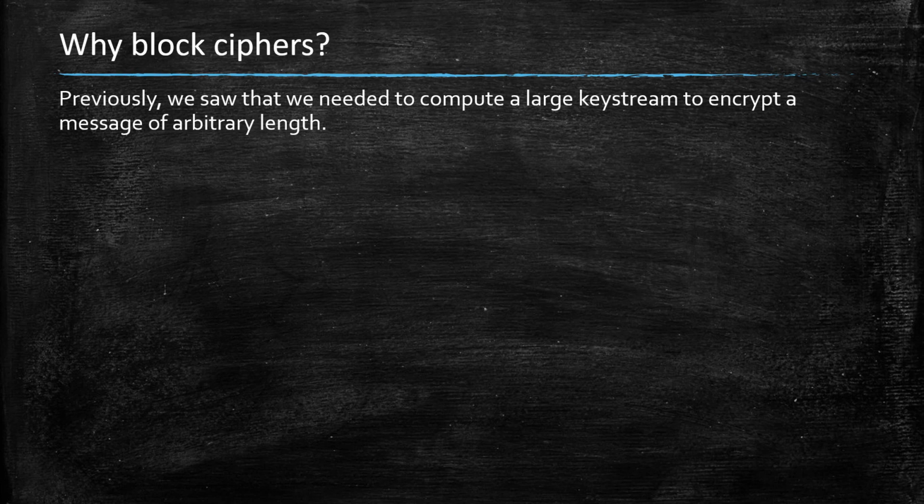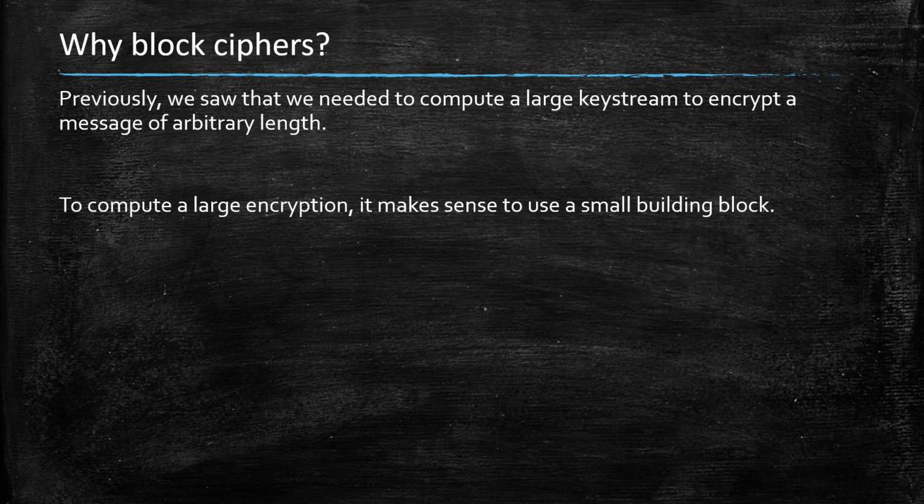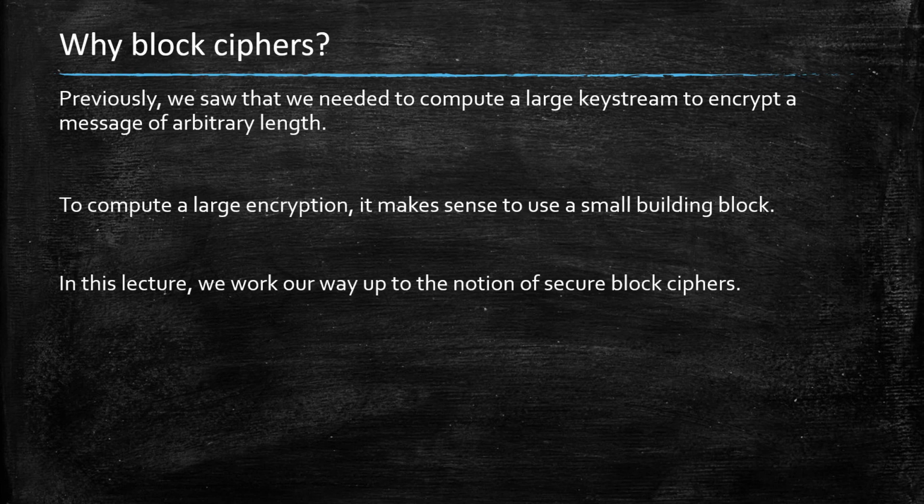So block ciphers, as I said, will be the building block of what we will use to encrypt large messages. From a very high level perspective, these are just functions that have a domain, and every evaluation requires a key in the key space, and it maps to a range.